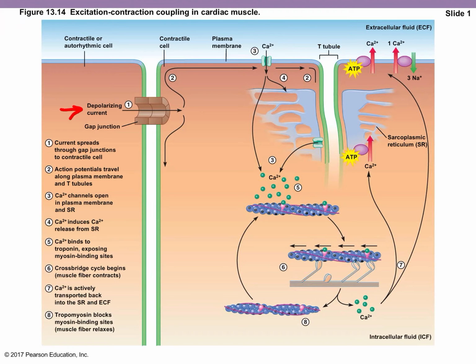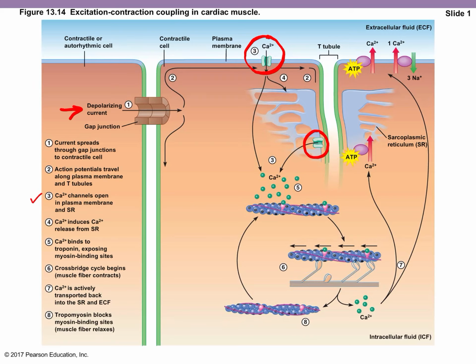Traveling very quickly through our gap junctions. The action potentials are going to create, first, calcium channels opening in the plasma membrane. So we have calcium channels in the plasma membrane, and calcium is going to come into the cell.